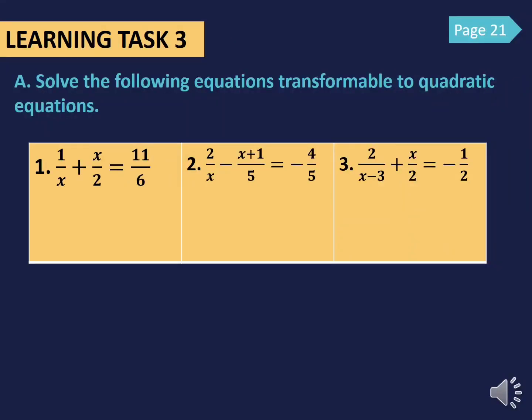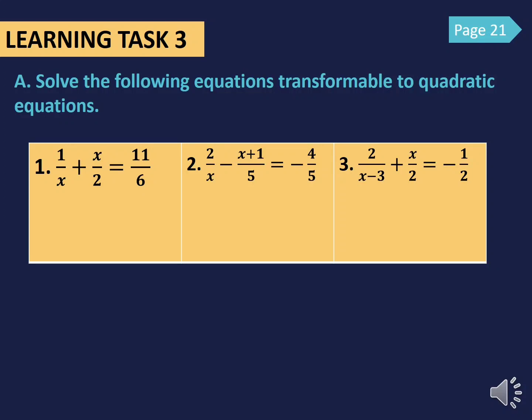On page 21, your learning task number 3, also solve for the following equations transformable to quadratic equation. For given number 1, we have 1 over x plus x over 2 is equal to 11 over 6. Number 2, 2 over x minus x plus 1 over 5 equals negative 4 over 5.